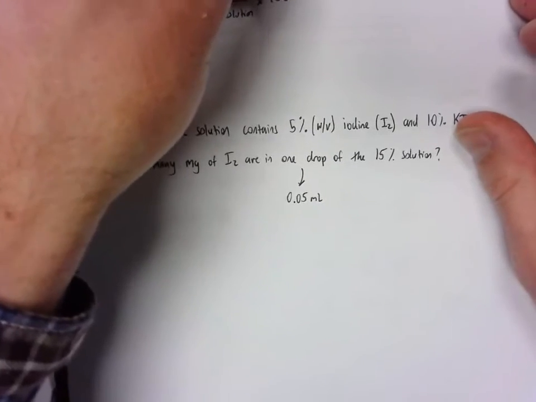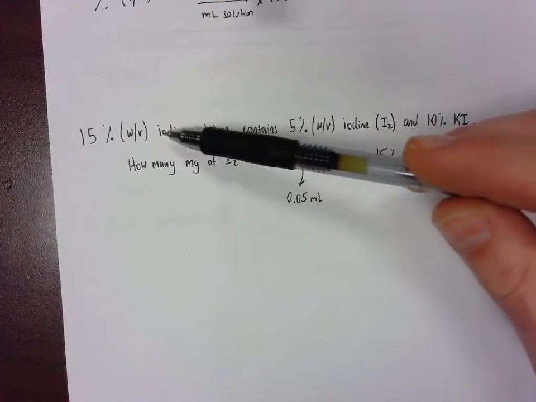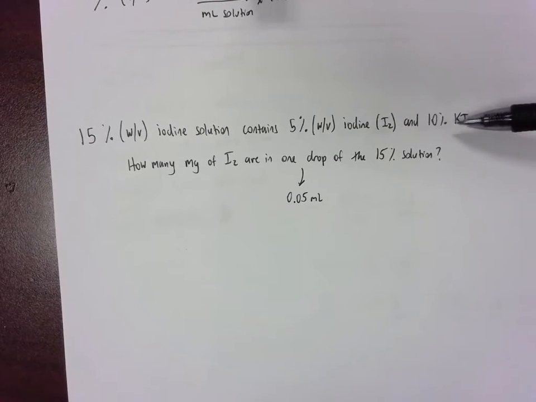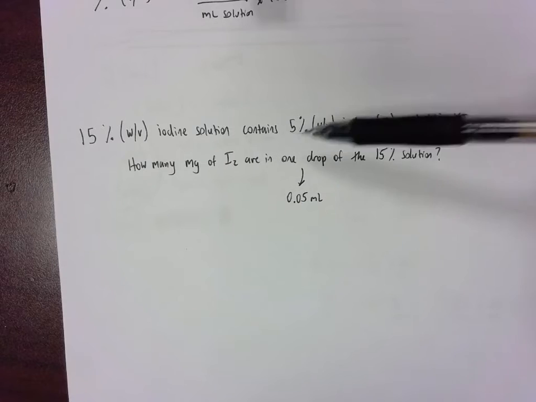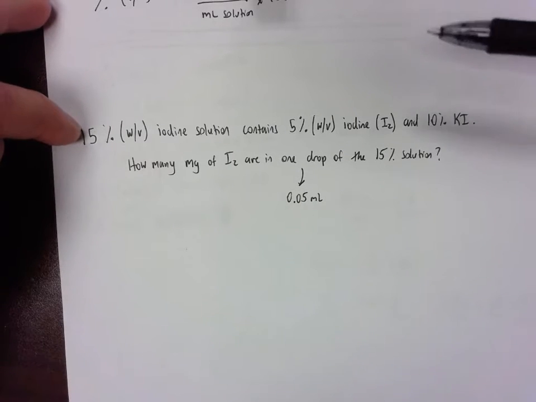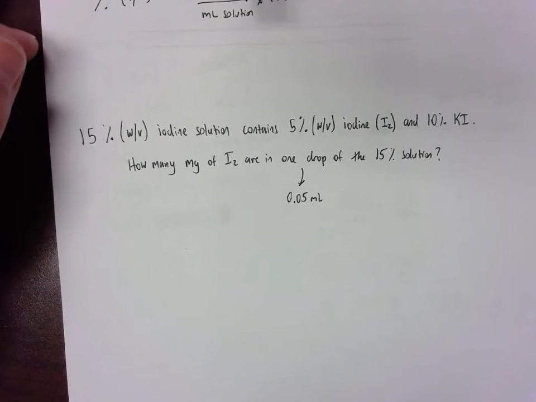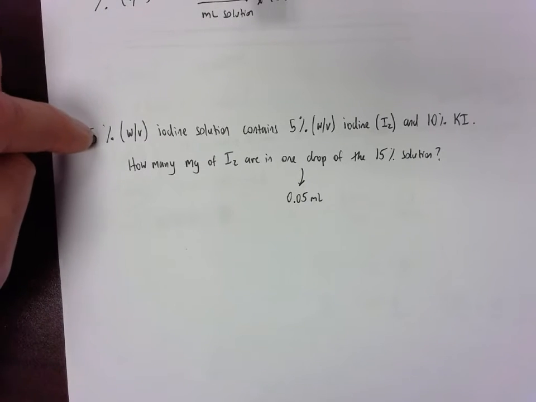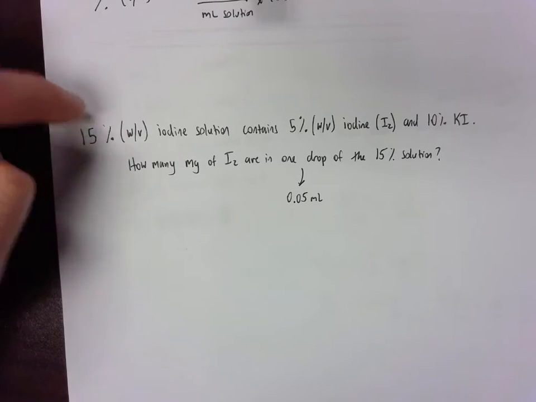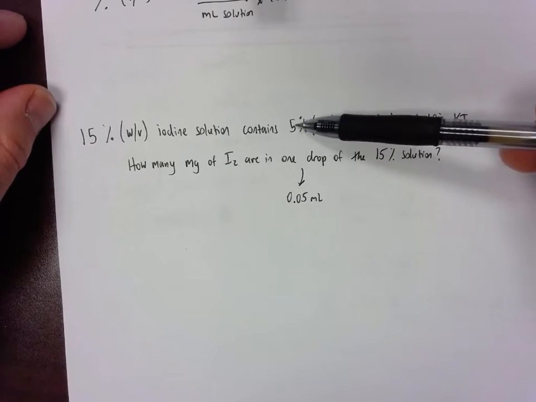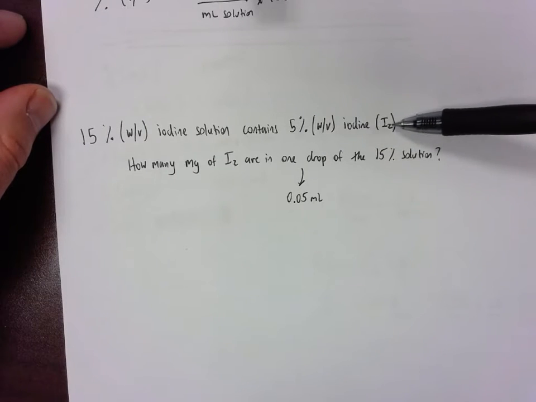This says that a 15% weight over volume iodine solution contains 5% iodine and 10% KI. So basically what this means is the solution is 15%, so it contains iodine, literally the element iodine, 15% iodine in a solution. 5% of that 15 is composed of elemental iodine, which is I2, and then the other 10% is potassium iodide.